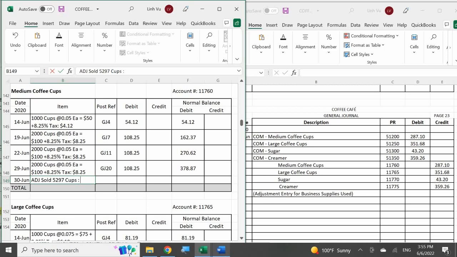Okay. So that means how much do we have remaining? In this case, we bought 1,000 plus 2,000 plus 2,000 plus 2,000, right? That's a total of 7,000 cups that we purchased. So let's go ahead and do our math real quick. How do we figure out how many cups we actually have left over? We need to figure out what that total amount is.